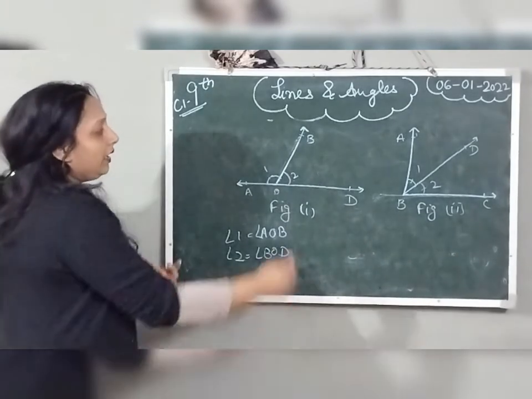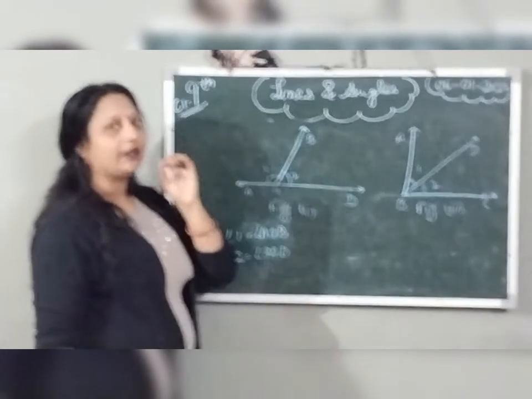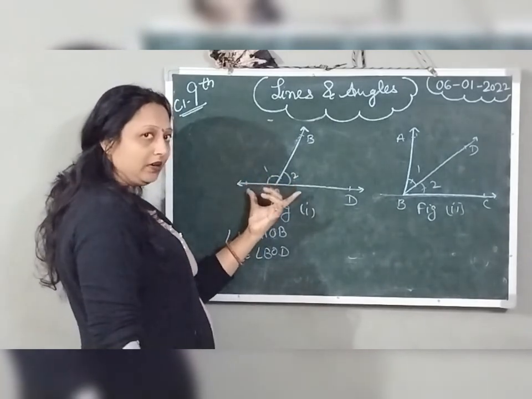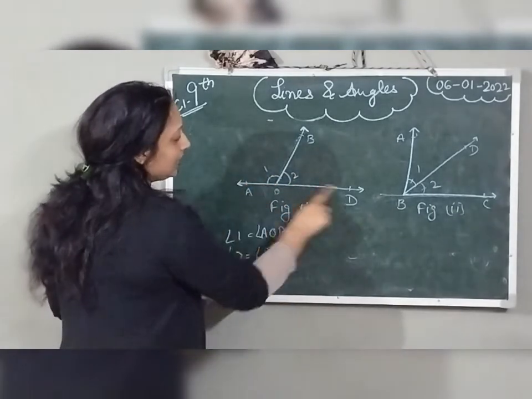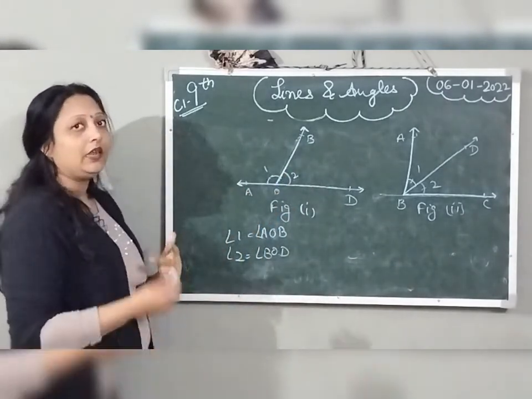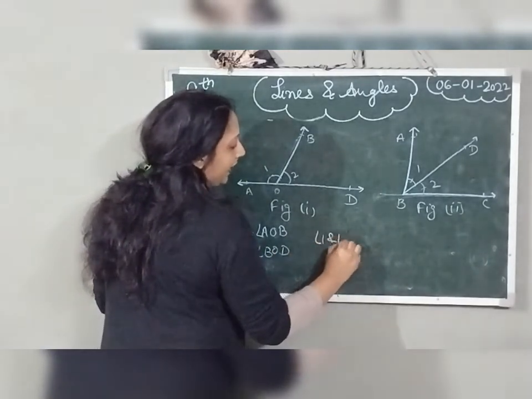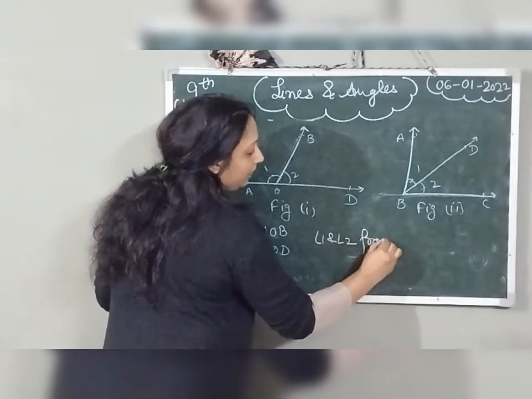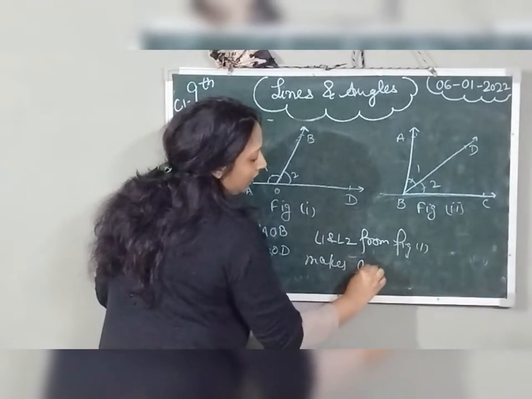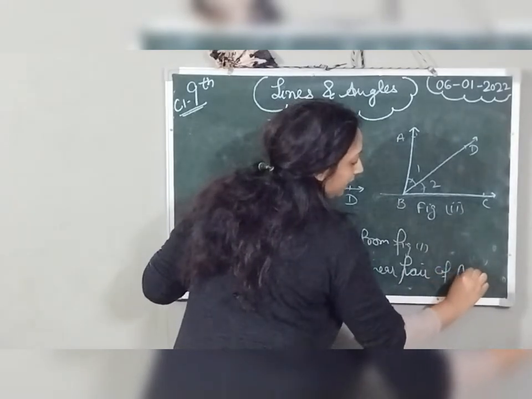Okay, here one more thing: if two angles are adjacent and the opposite sides of these two angles make a straight line, then these two angles make a linear pair of angles. So angle 1 and angle 2 from figure number 1 make a linear pair of angles.